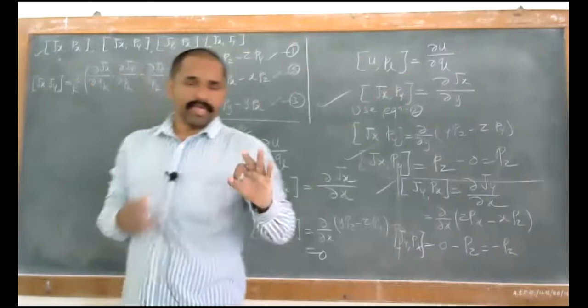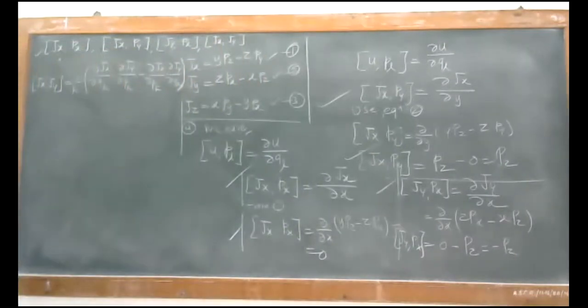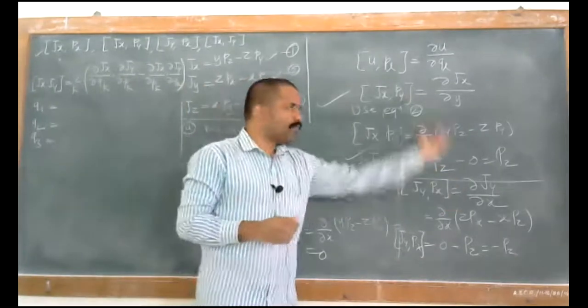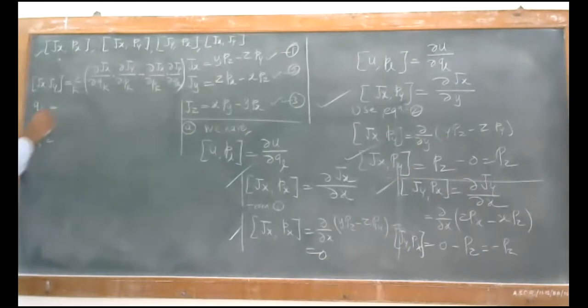So with respect to these x, y, z, now we'll have to define the three variables, that is nothing but q1, q2, q3. These three variables we have to define. Just as we defined x here, we have y, z which we have not used. So q1 is equal to x, q2 is equal to y and q3 is equal to z.